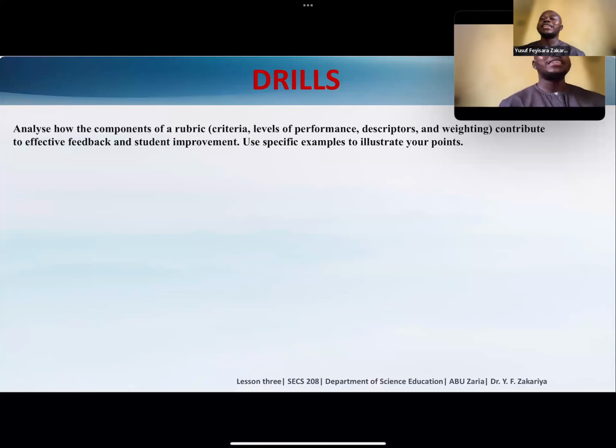So how can you attempt this question? What are the key considerations? Look at the keyword: analyze. It is not define, it is not explain, but analyze. One or two attempts. I want to end this class in 5 minutes.